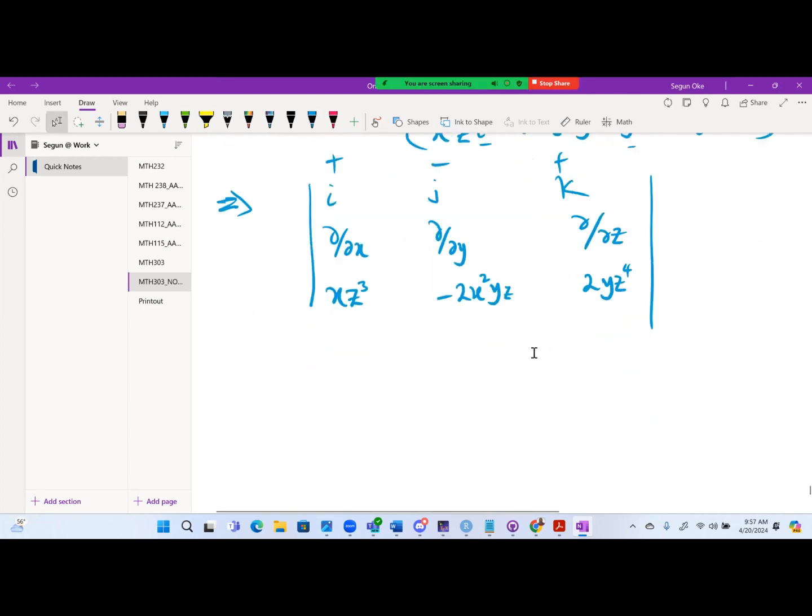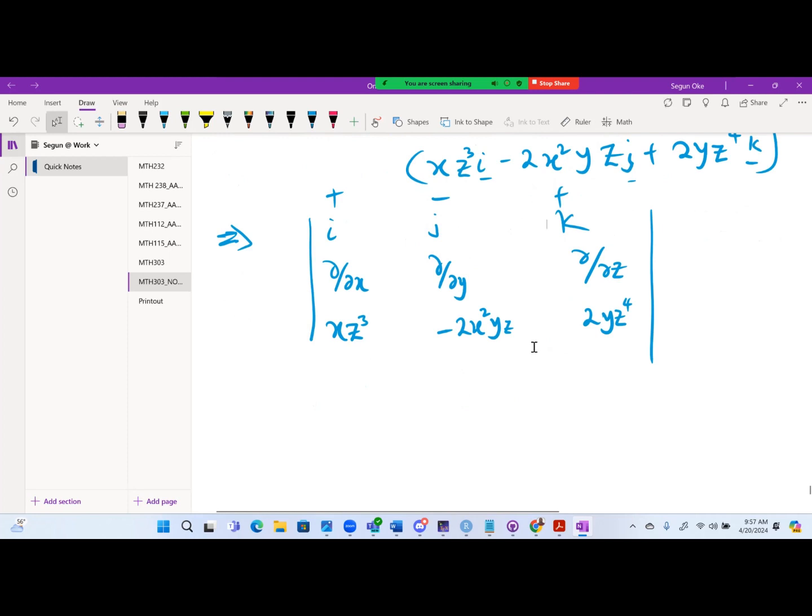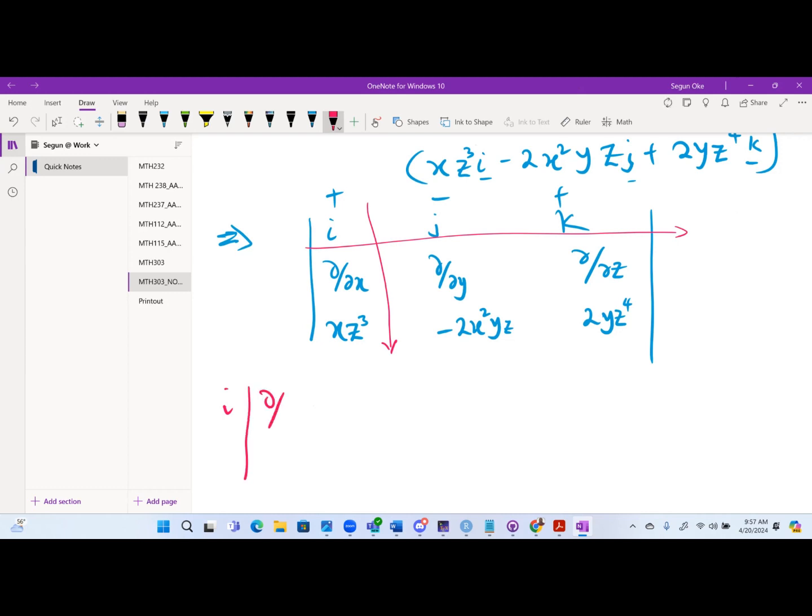This will guide us to be able to solve the problem. So if I pick i, that's the first row, first column. What is remaining there is d/dy, minus 2x squared yz.